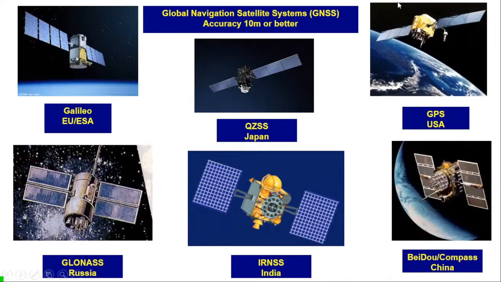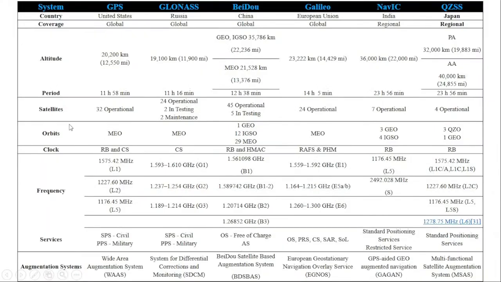You know that there are Galileo, QZSS, GPS, Compass, NavIC, and GLONASS. This is how they look, and these are the parameters of the GNSS constellations. GPS has around 32 operational satellites, GLONASS around 36 plus 2 in testing, Beidou around 50, Galileo 24, NavIC 7, and QZSS 4.